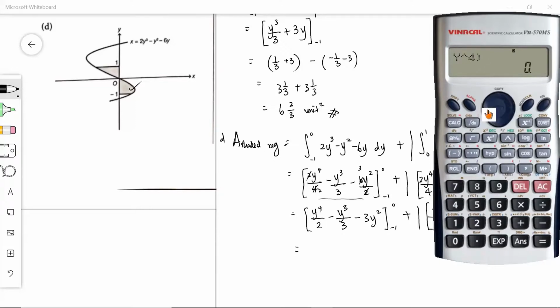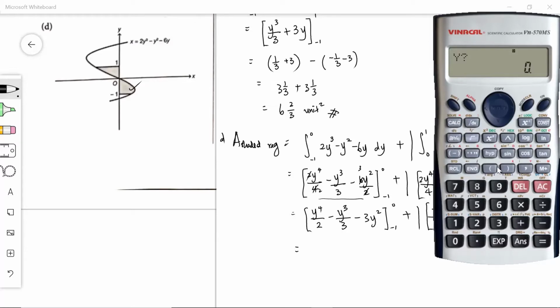So y raised up to the power of 4, close bracket, over 2, and then minus 1 over 3 times y cubed. Shift cube function, and then minus 3y squared. Okay, key in the expression in the calculator.